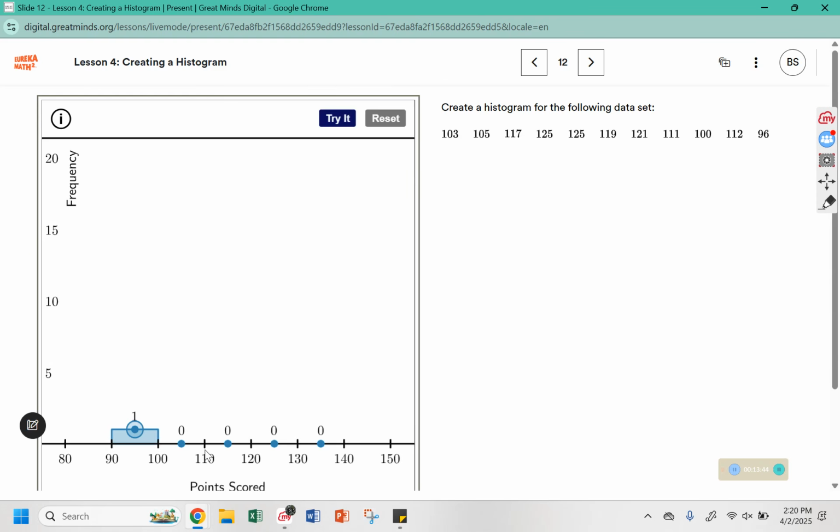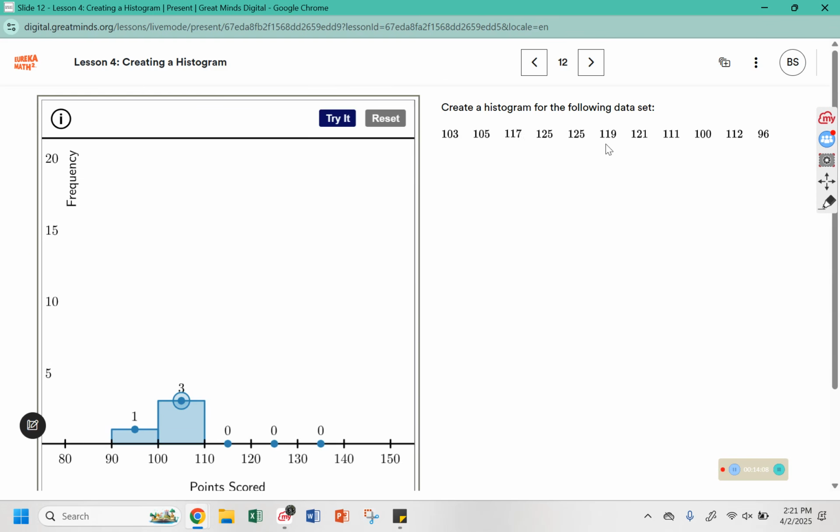So 100 to 109 should go in that section. So we have 1, 2, 3. This one should be 110 to 119. We don't want to include 120 in this section.